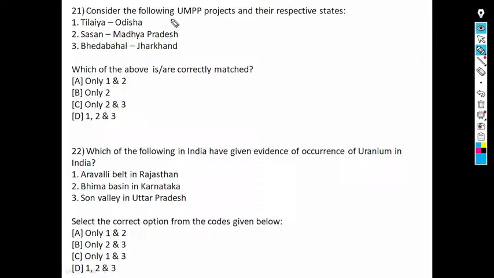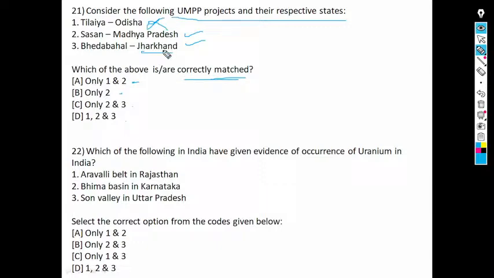Next, consider the following UMPP projects and their respective states: Talaiya in Odisha, Sasan in Madhya Pradesh, Vedavahal in Jharkhand. Which of the above is correctly matched? Talaiya in Odisha is wrong.